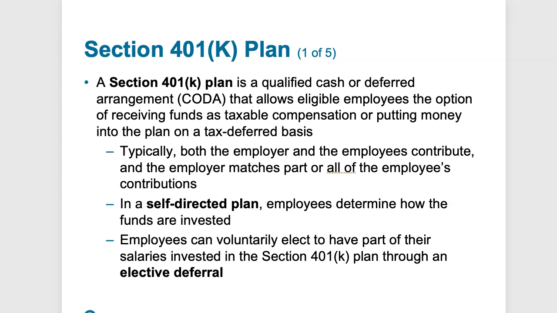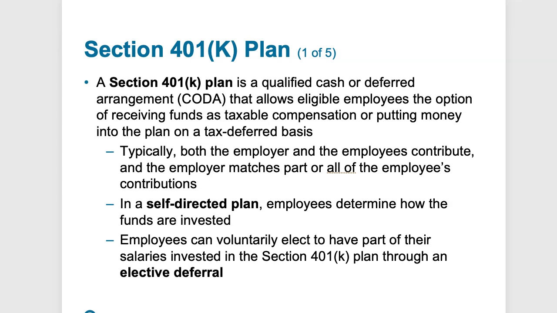And then the employer can contribute what are called employer matches to the employee's contributions. So they might say, if you contribute 4% of your salary, we'll contribute 2% of your salary. So if you make $100,000 and you put in $4,000 of your salary into a 401k, the company will match it at 50% and put another $2,000 in. So your total 401k at the end of the year would be $6,000 of contributions.